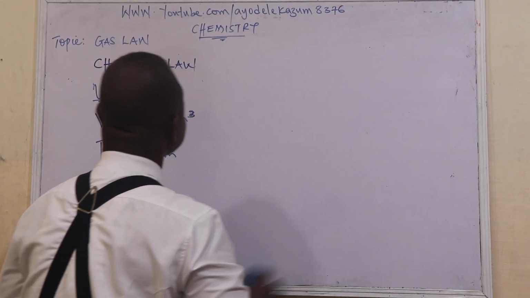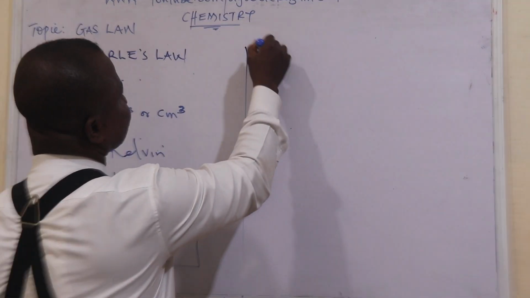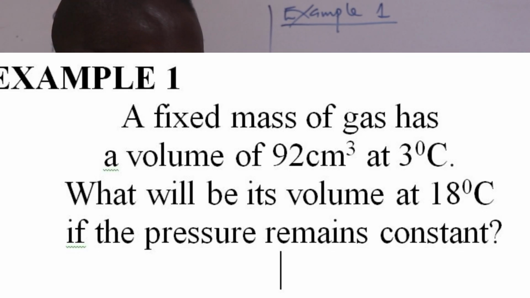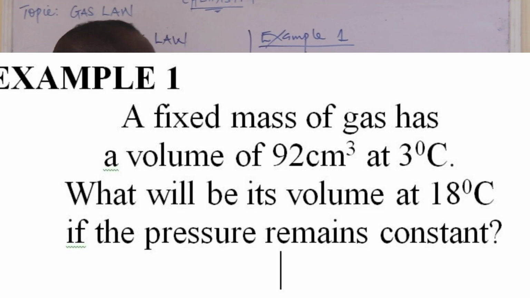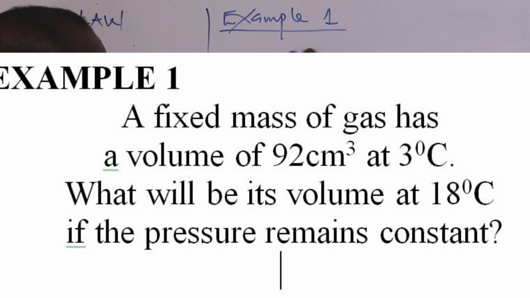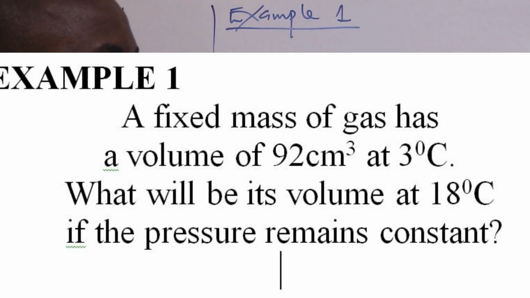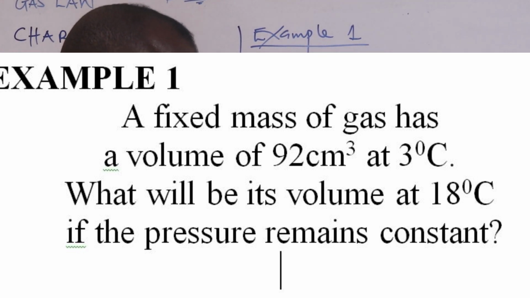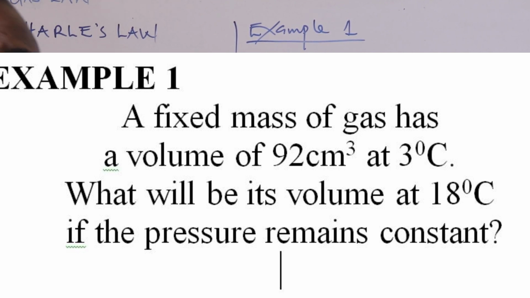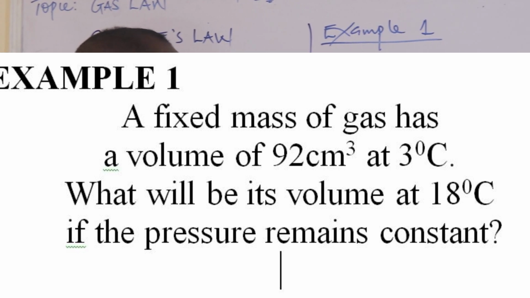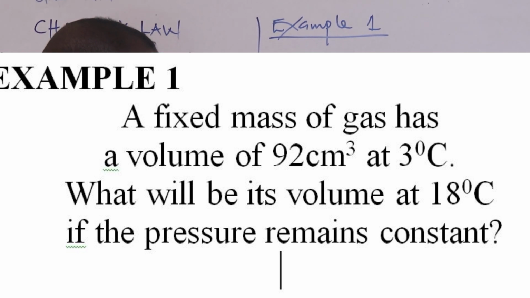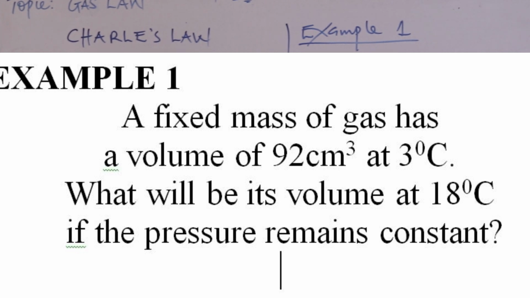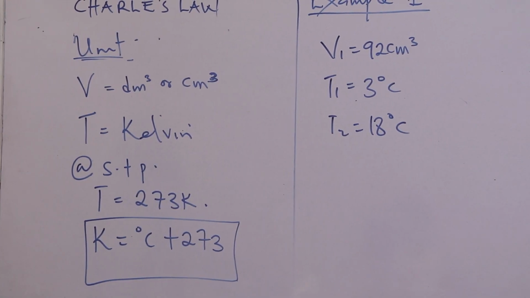Okay, let's take an example of some of those questions that will help us. Let's quickly look at example 1. A fixed mass of gas has a volume of 92 at 3 degrees C. What will be its volume at 18 degrees C if the pressure remains constant?